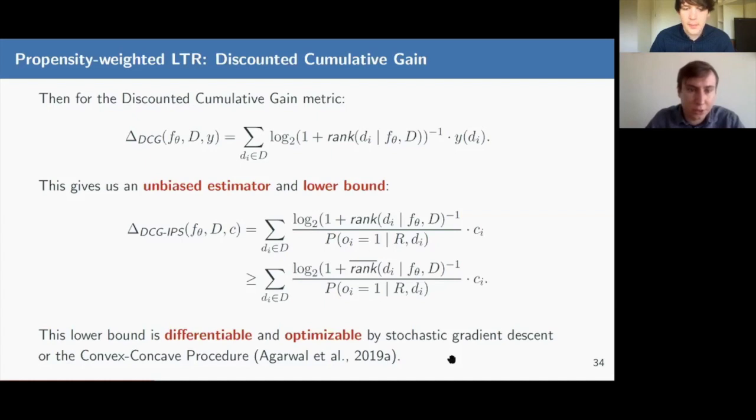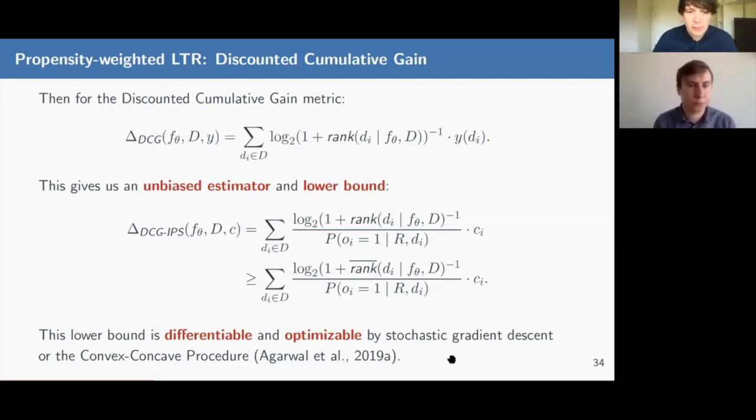And the trick is just to upper bound that rank, because that's the only operation there that's problematic, right, for computing gradients. This is a little different than what we see in traditional learning to rank, and I suspect that we'll see more variation of this. But it just shows that quite an easy trick can actually already solve most of these problems.